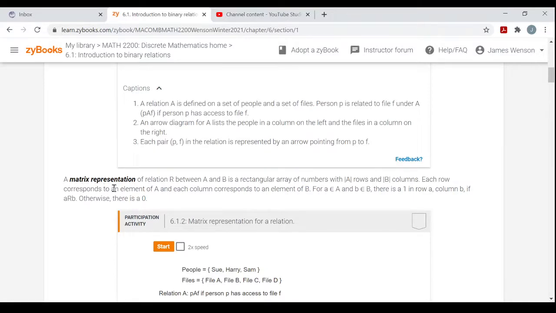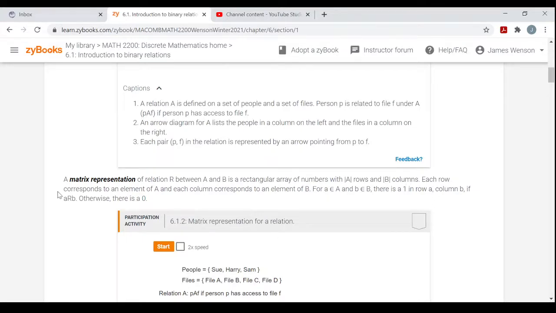A matrix representation of relation R between sets A and B is a rectangular array of numbers with the cardinality of A rows. So however many elements A has, that's how many rows the matrix will have. And however many elements B has, that's how many columns the matrix will have.